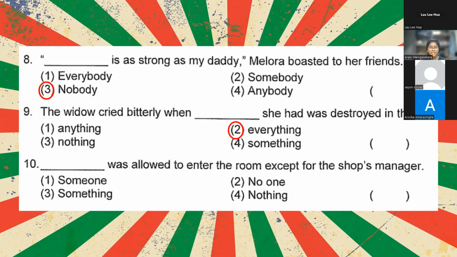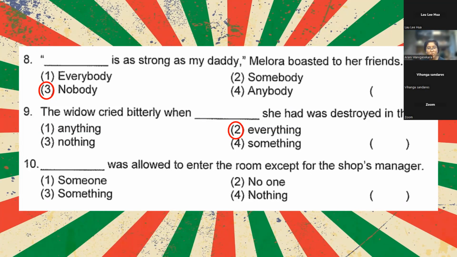You can't use the word anything. So you have to use the word everything. And why is it not nothing? When it's nothing, the widow wouldn't cry. Yes, very good. The widow wouldn't cry if nothing of hers had been destroyed.